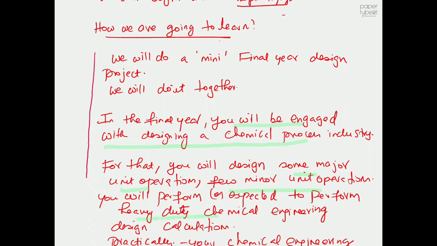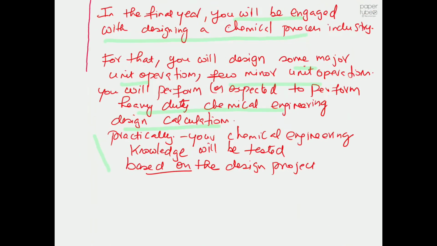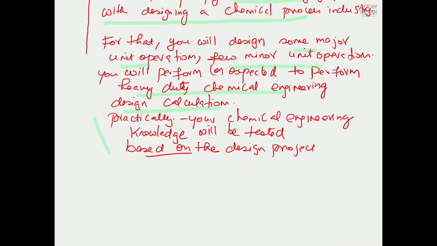So if you manage to do the design project, you can call yourself a hardcore chemical engineer. And even this module, especially Aspen HYSYS, is a hardcore chemical engineering subject.